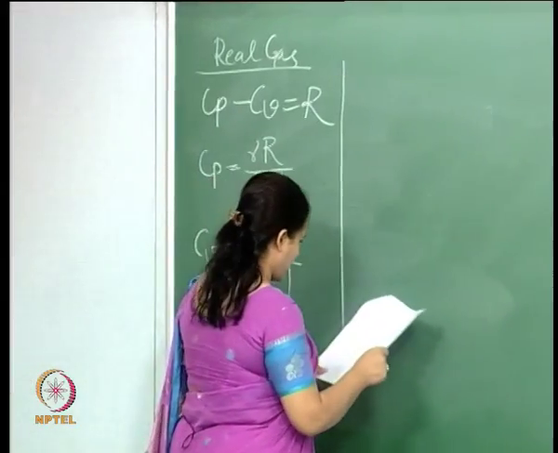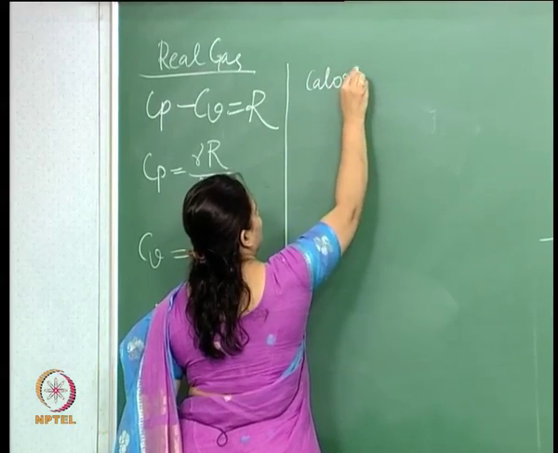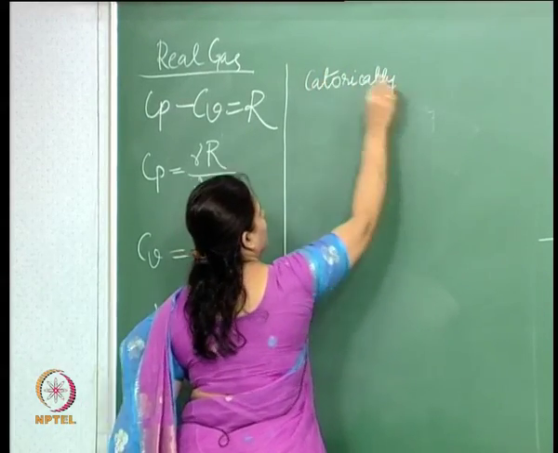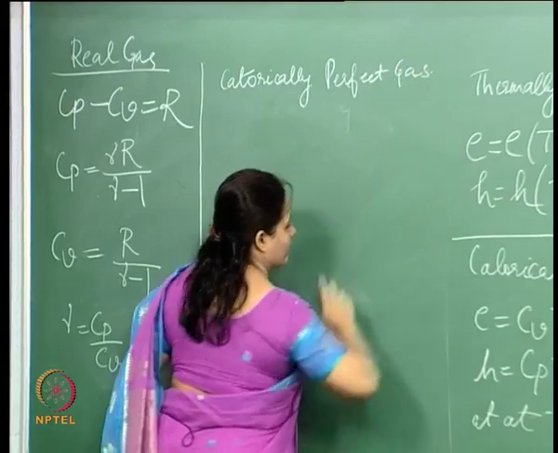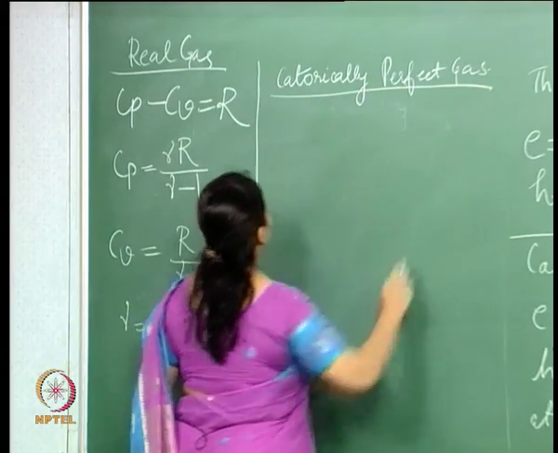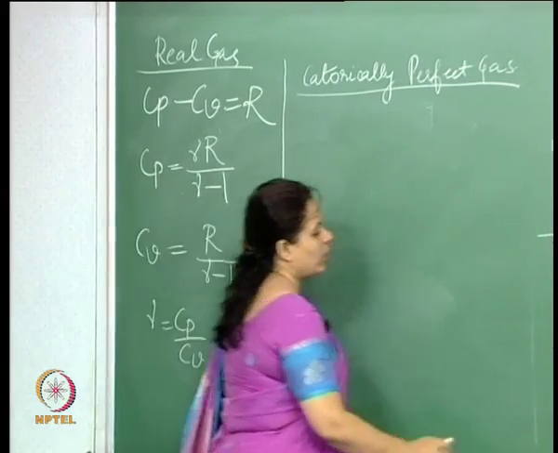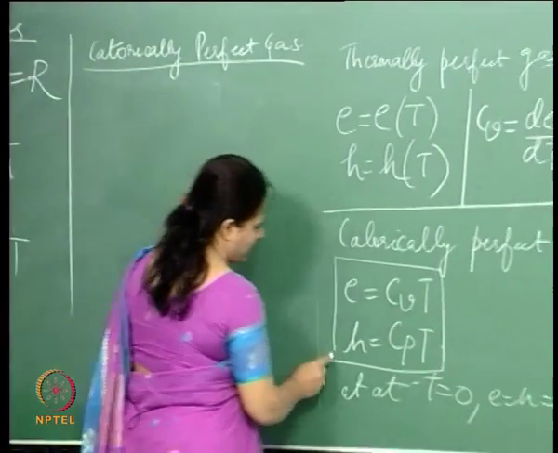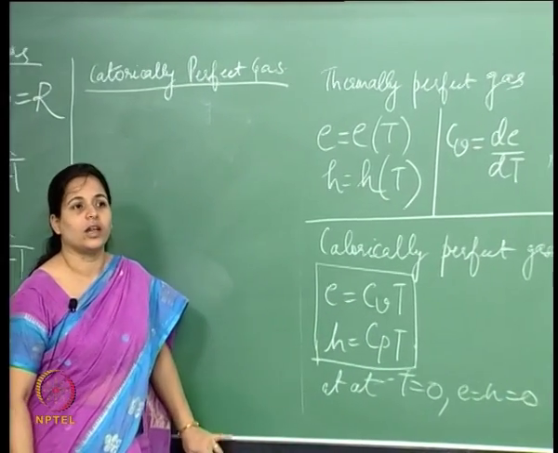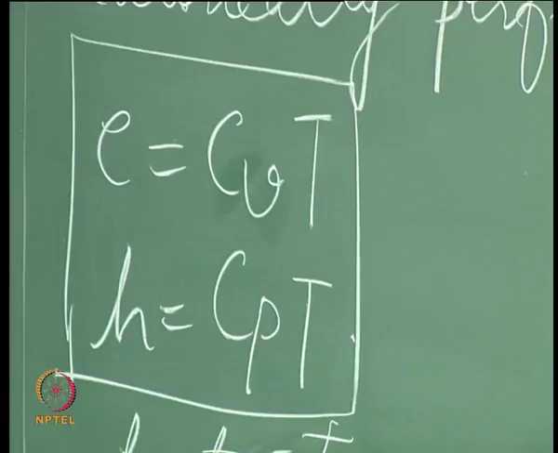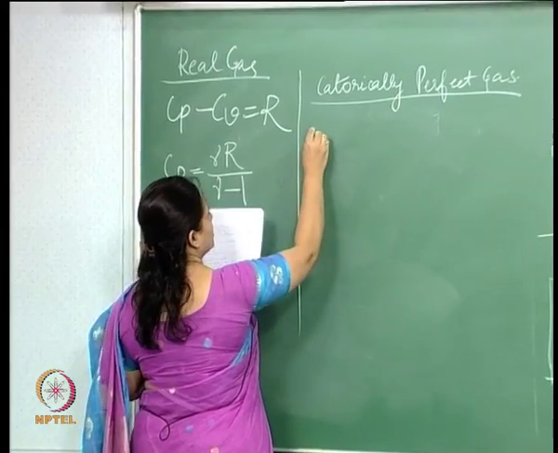Now for a calorically perfect gas, you remember what that was? What was a calorically perfect gas? It is this. This is the relationship between the specific heats, temperature, internal energy and enthalpy. So, in this case, I will get a typical relationship like this.